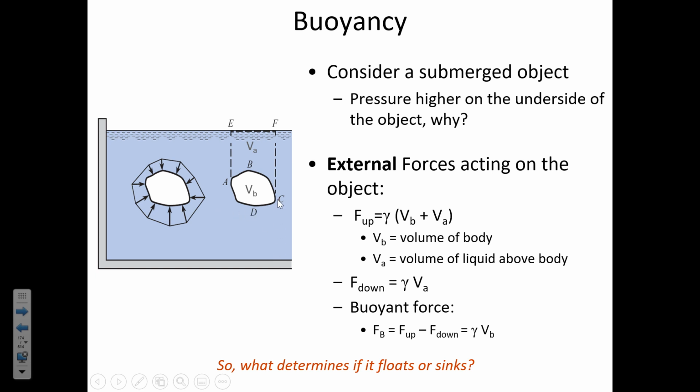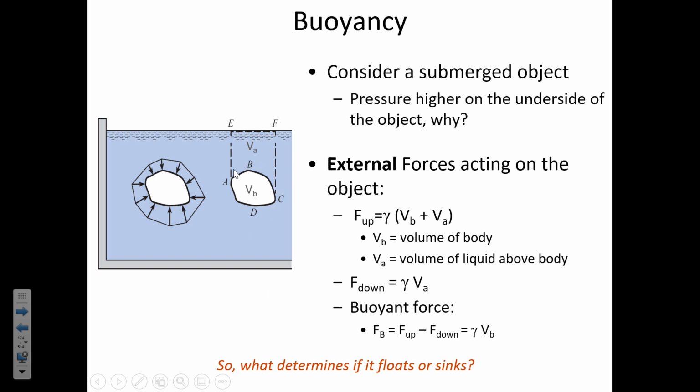And so whether this is going to float or sink depends on whether the buoyant force is greater than the weight of the object. And so like if this is a rock, like maybe quartz, really dense rock that has a greater density than water, then it would sink.